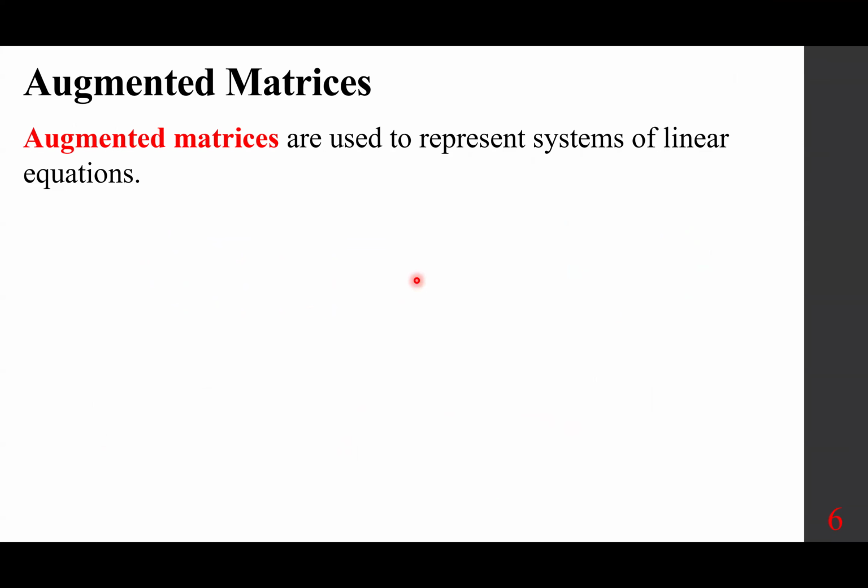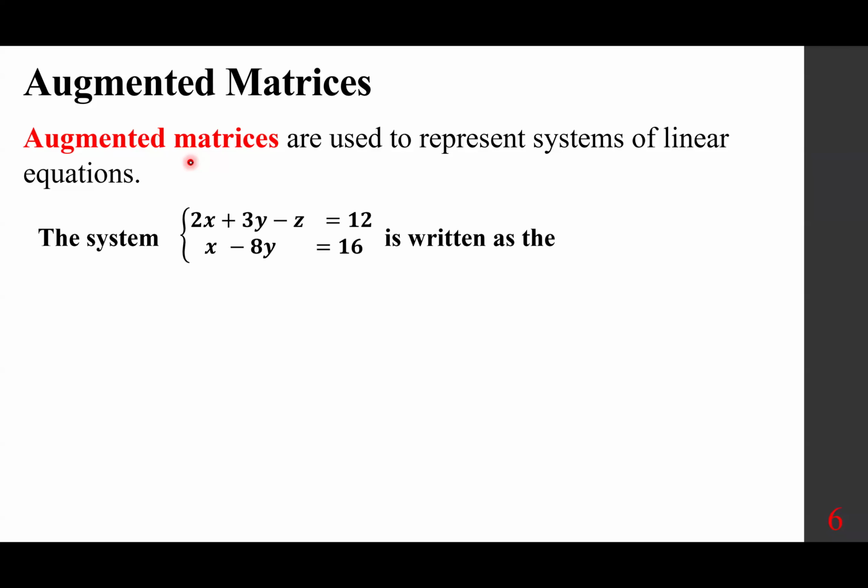Augmented matrices are used to represent systems of linear equations. The system 2x plus 3y minus z equals 12, x minus 8y equals 16 is written as follows. You have all the x's, all the y's, all the z's, and the constants.